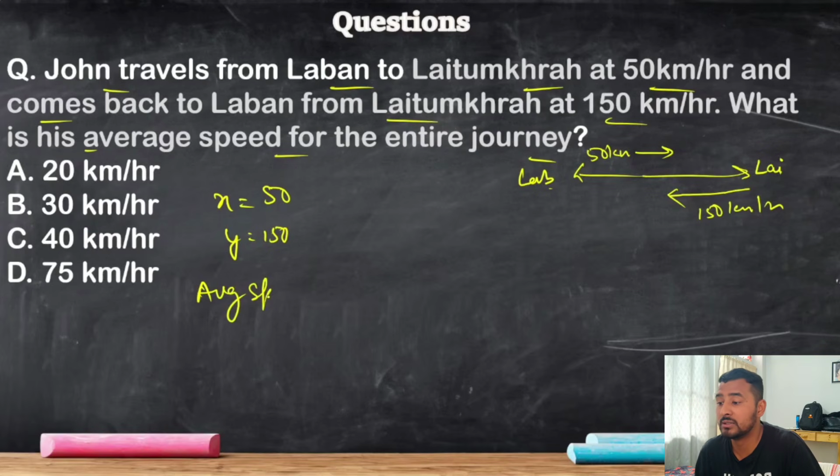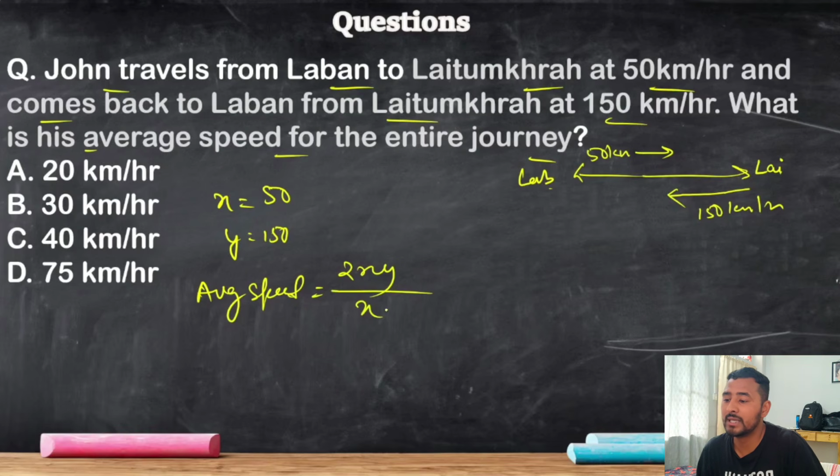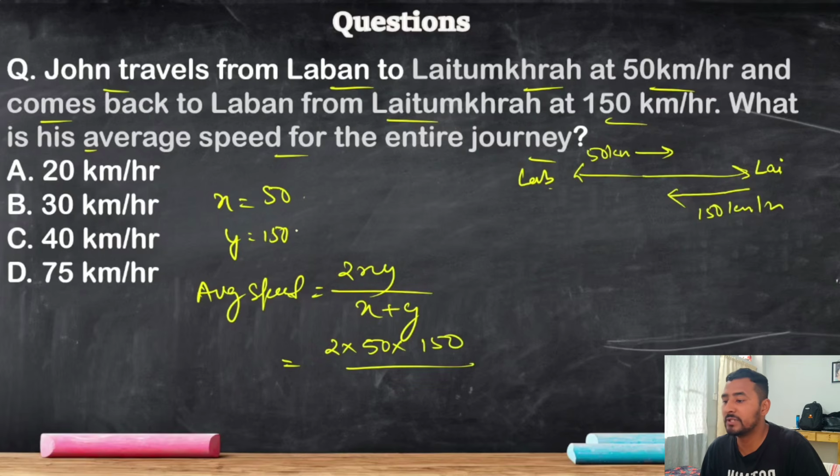Use the formula. Average speed is equal to 2xy by x plus y, right? Use this formula only. So put 2 into x, which is 50, into y, which is 150, by 50 plus 150.